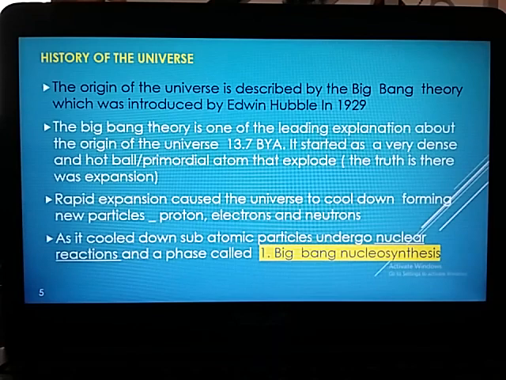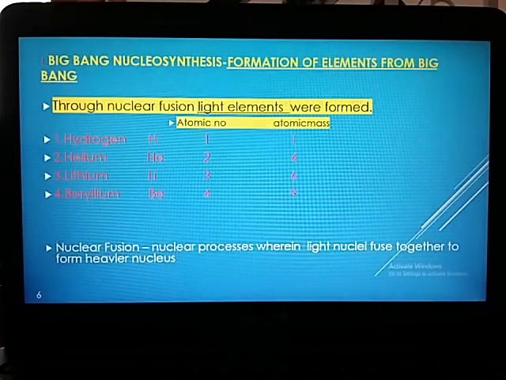So Big Bang again ha, Big Bang. So what is Big Bang nucleosynthesis? Big Bang nucleosynthesis is the formation of elements from the Big Bang. Pagkatapos ng pagsabog in Big Bang and it cooled down, elements were formed through nuclear reaction and nuclear fusion.